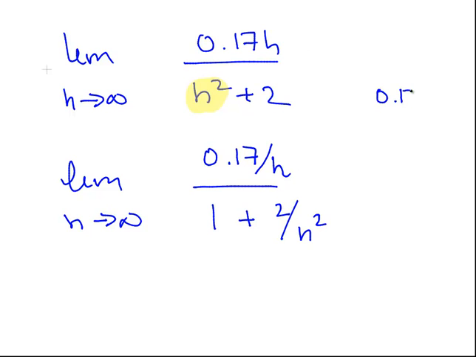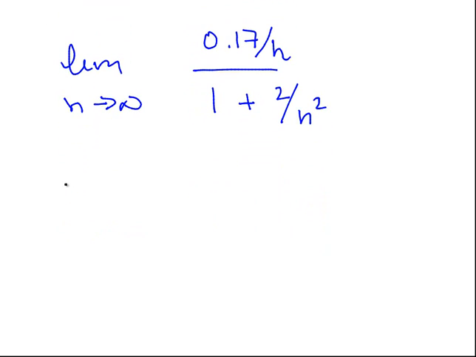Essentially, dividing 0.17h by h squared gives 0.17 over h. h squared divided by h squared gives us 1, and 2 divided by h squared gives us that last term. So we just divide everything down by h squared. When we put in infinity and evaluate, we get 0.17 over infinity, over 1 plus 2 over infinity squared.